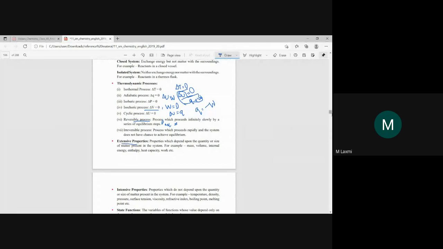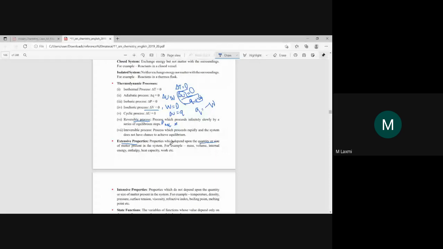The property which depends upon the mass, quantity, or size of matter present in a system is called an extensive property. For example, mass, volume, internal energy, enthalpy, heat capacity, work, etc. These are extensive properties, meaning the variables which depend on the mass of a system.